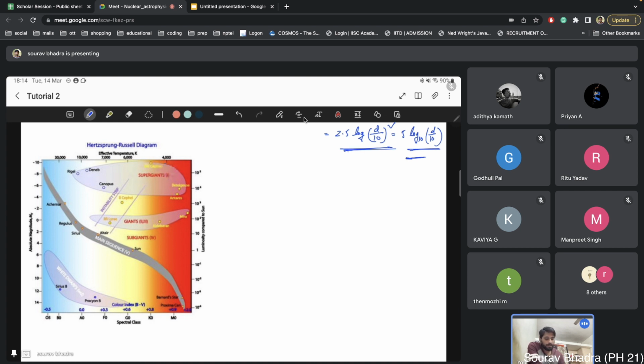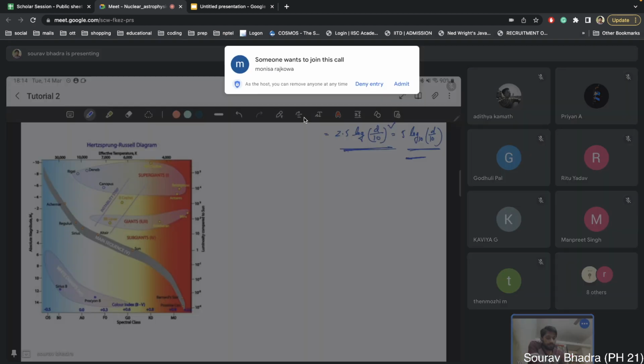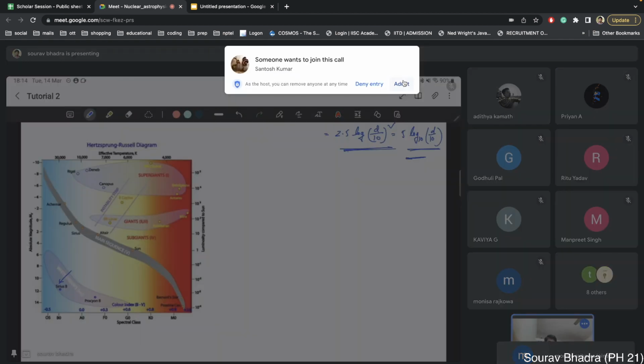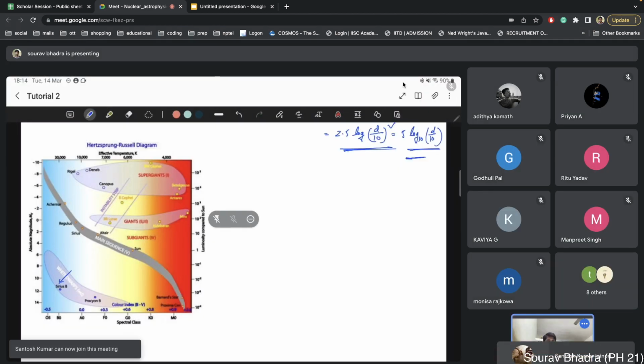So I will do one thing. I will calculate for this lower left part, by following the same method, for white dwarfs, and I will particularly focus on Sirius B. From the HR diagram I have the temperature and the luminosity, and from that I will calculate the possible radius of Sirius B using the values of the HR diagram only.